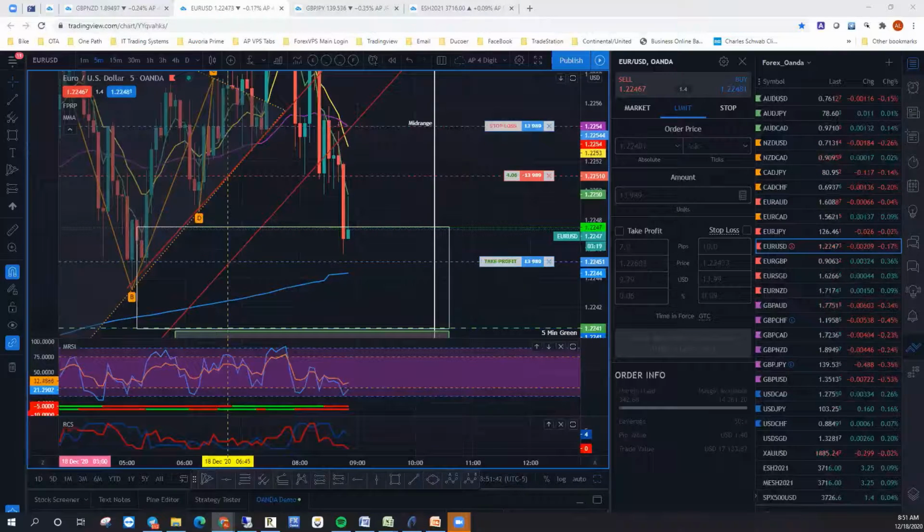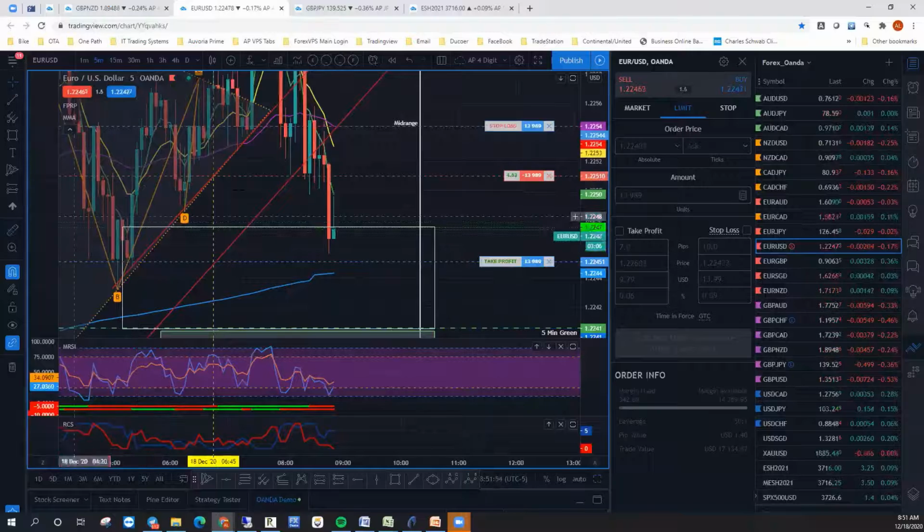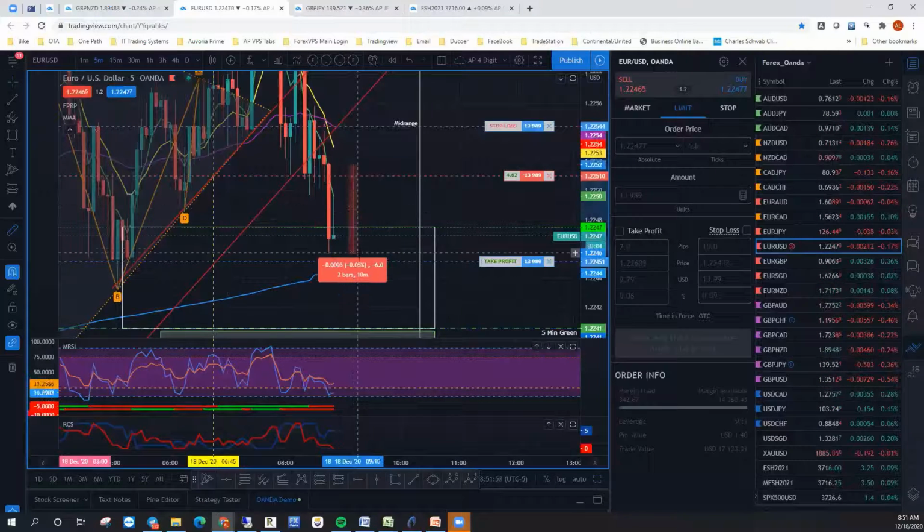It's a mighty long wick. See, it dropped down. It came back looking for stops. This big red candle, that's a 6 pip candle.